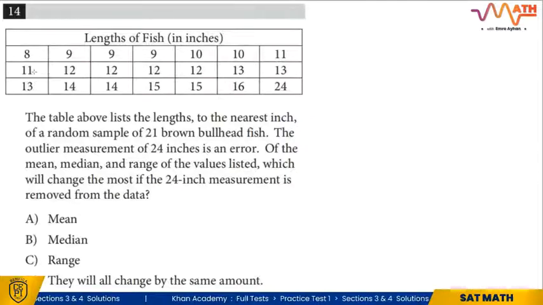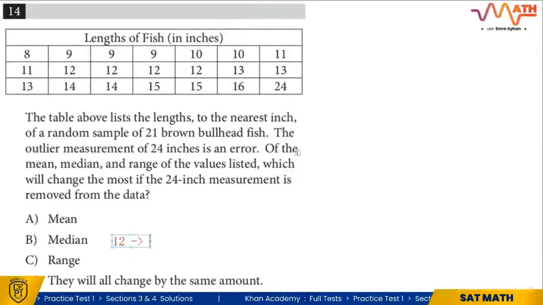So here is 7, 8, 9, 10, 11. So it is 12. It was 12. Now it will be what? When we remove 24, there will be 20 numbers.